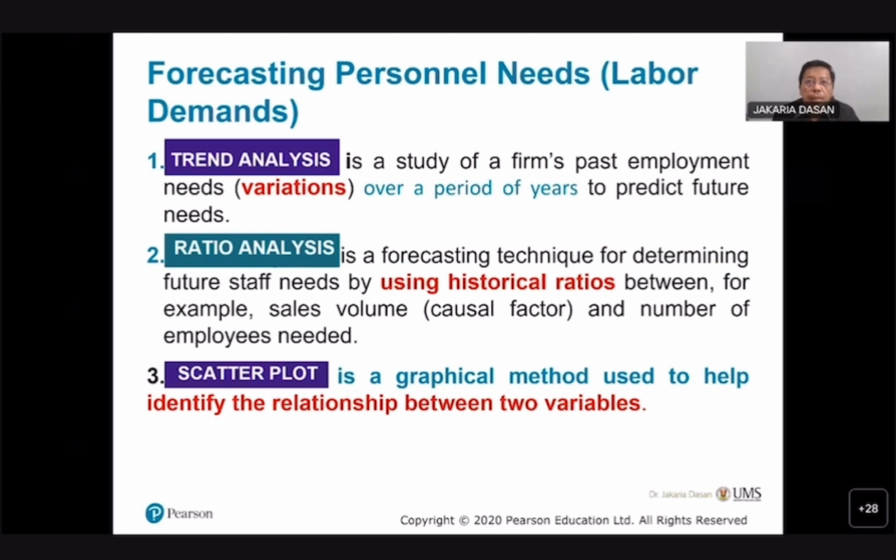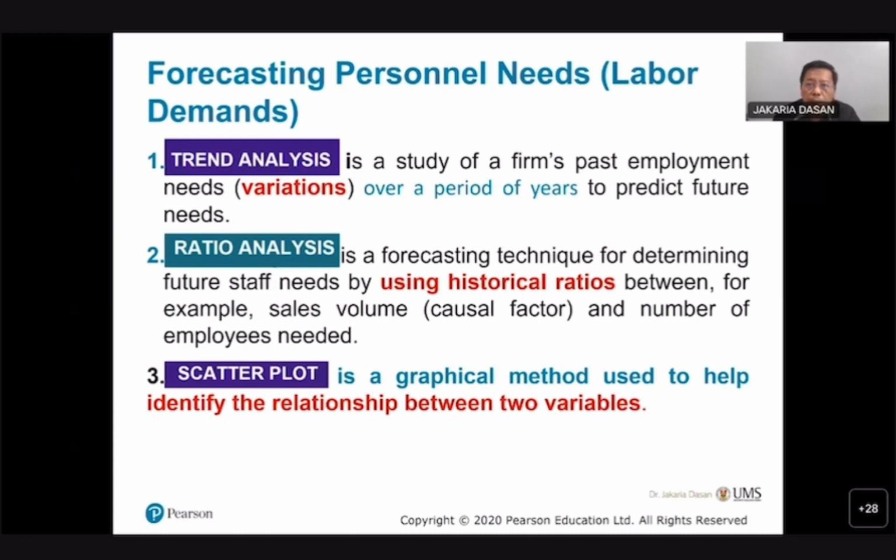This is a forecasting technique, more or less similar to trend analysis, but it is using the historical ratio between sales volume and, for example, in a car manufacturing company again, the number of employees needed, how many workers are needed to produce one car, and so on.